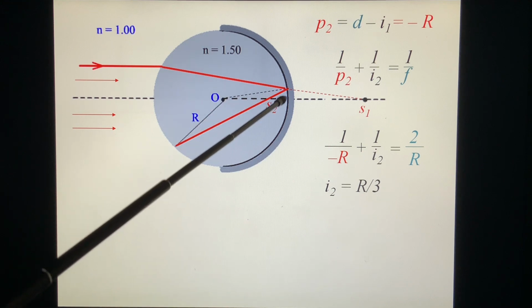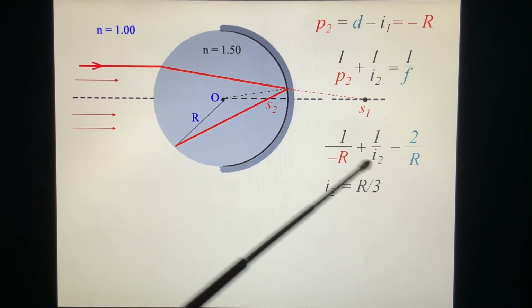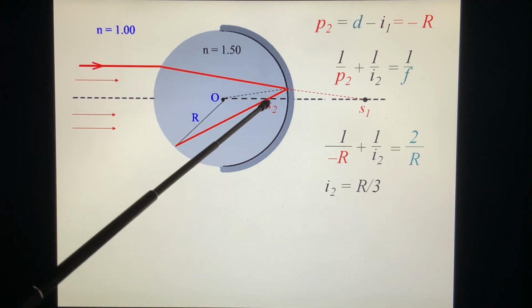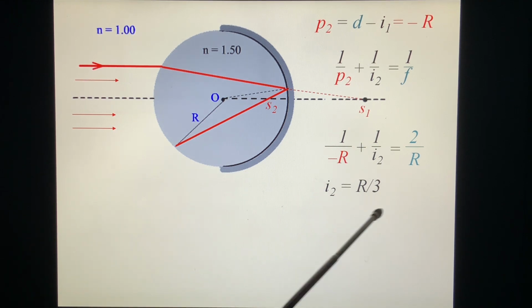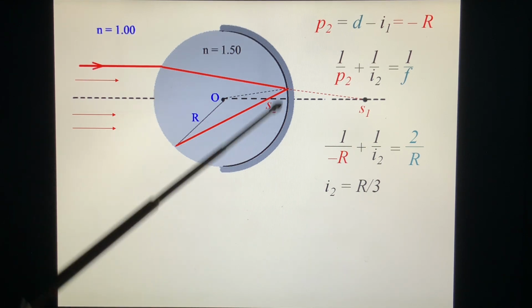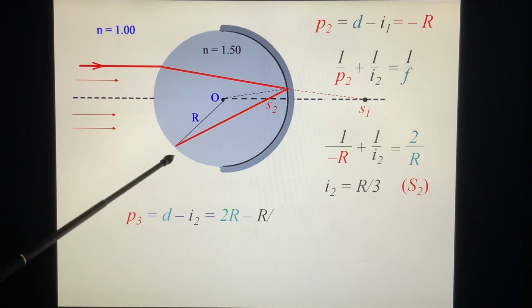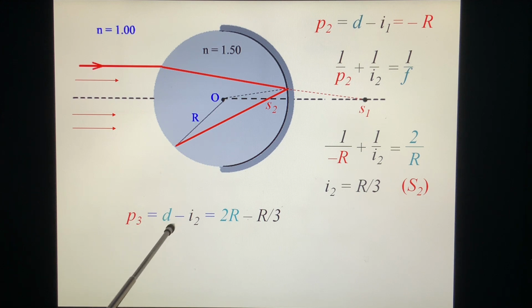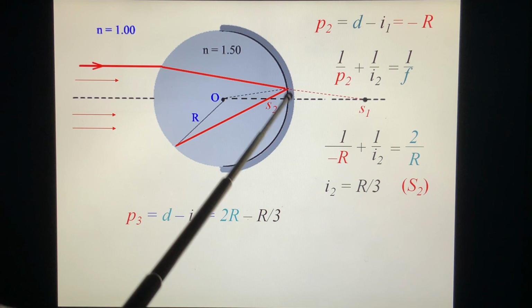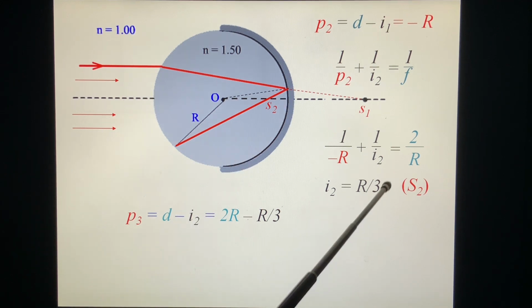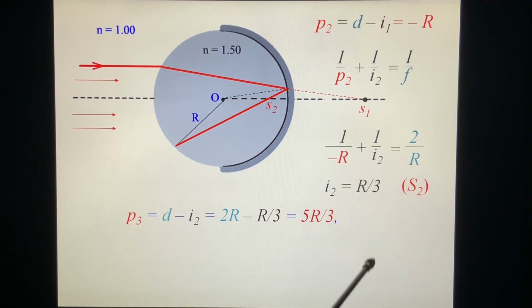Now, this is the point. R over 3, one third of the radius, is on the real side for this mirror. Then finally, we go to the refracting surface again. This time P3 equals D minus I2. D is 2R, minus R over 3, we get 5R over 3.